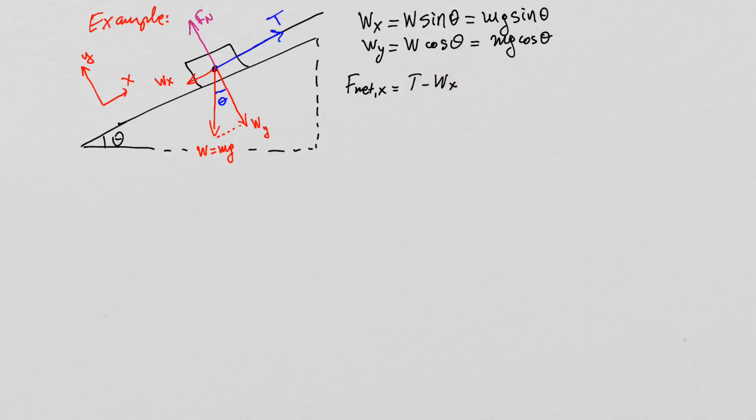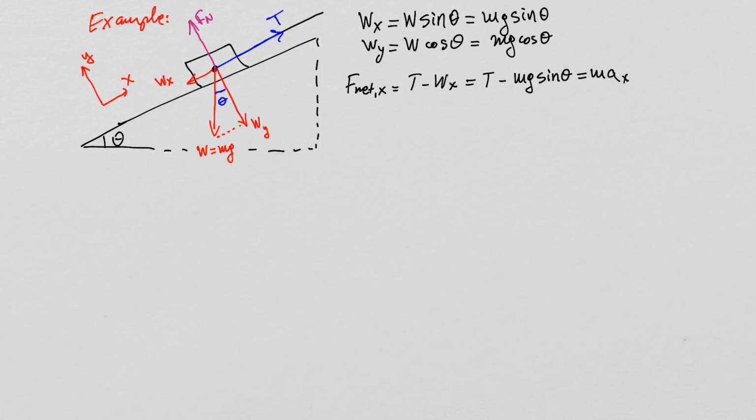And so this will be equal to tension minus mg sine of theta. I took that from here. And on another hand, this is equal to the mass of the block times the acceleration of the block.